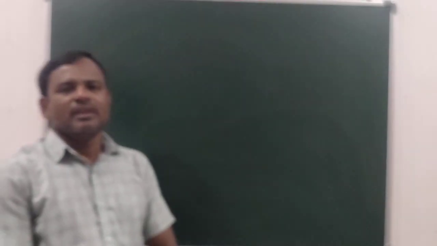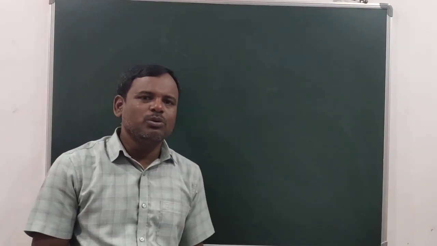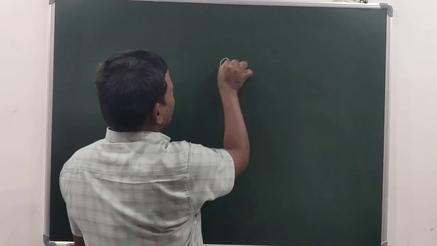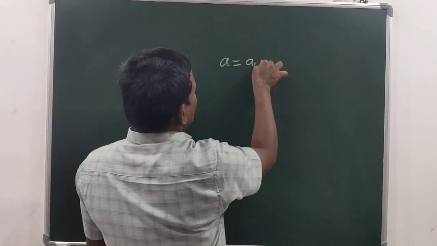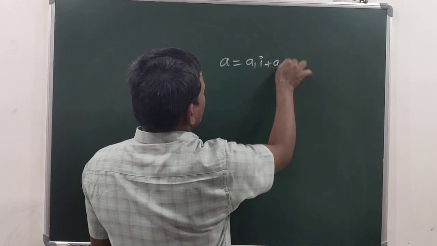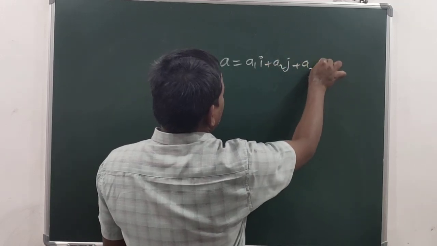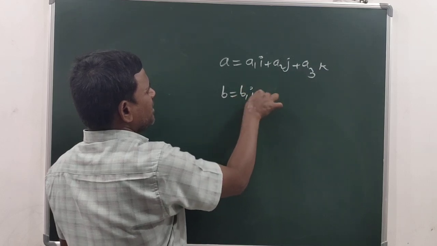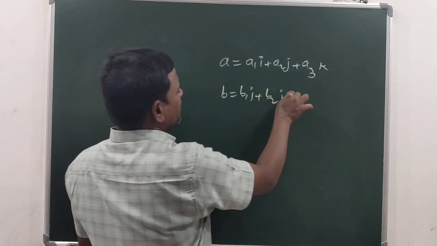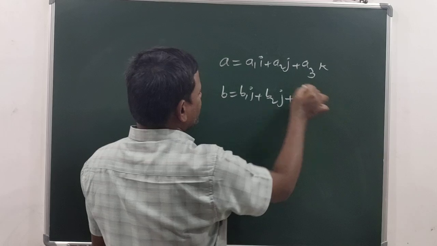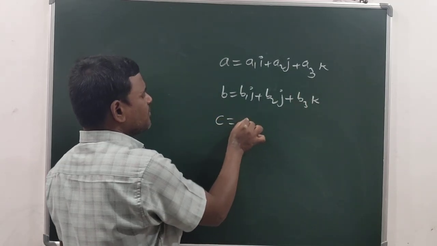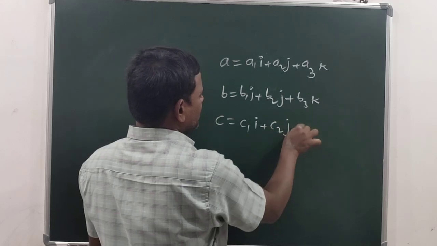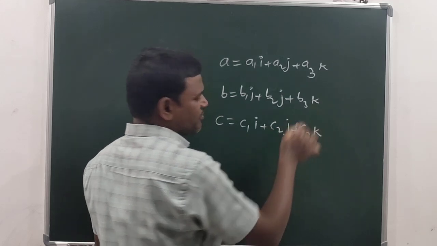Right. Next, when you go to the applications, they will give you three vectors like this: vector a as a1 i plus a2 j plus a3 k, vector b as b1 i plus b2 j plus b3 k, and vector c as c1 i plus c2 j plus c3 k.